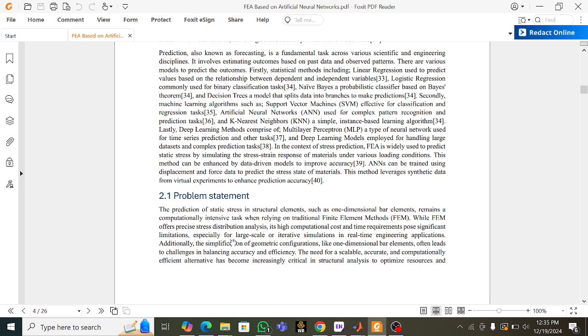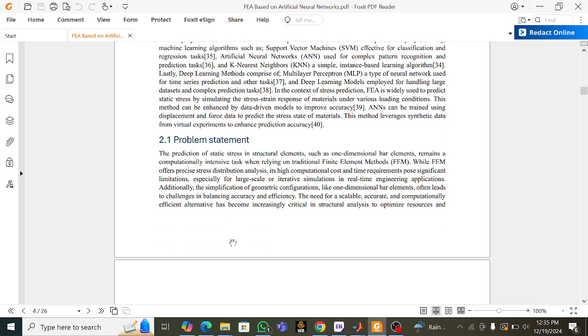so the problem statement. The prediction of structural elements such as one-dimensional bar elements remains a computationally intensive task when relying on traditional finite element. While finite element offers precise stress distribution analysis, it has high computational cost and time requirement for significant repetitions.